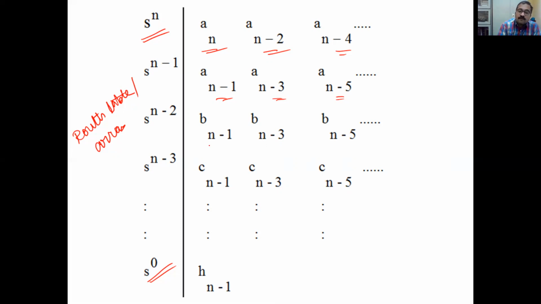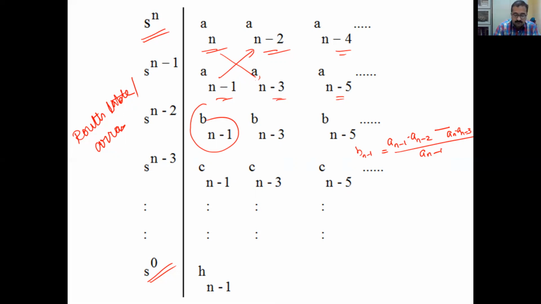What is my bn minus 1? Bn minus 1 is (an minus 1 into an minus 2 minus an into an minus 3) whole divided by an minus 1.